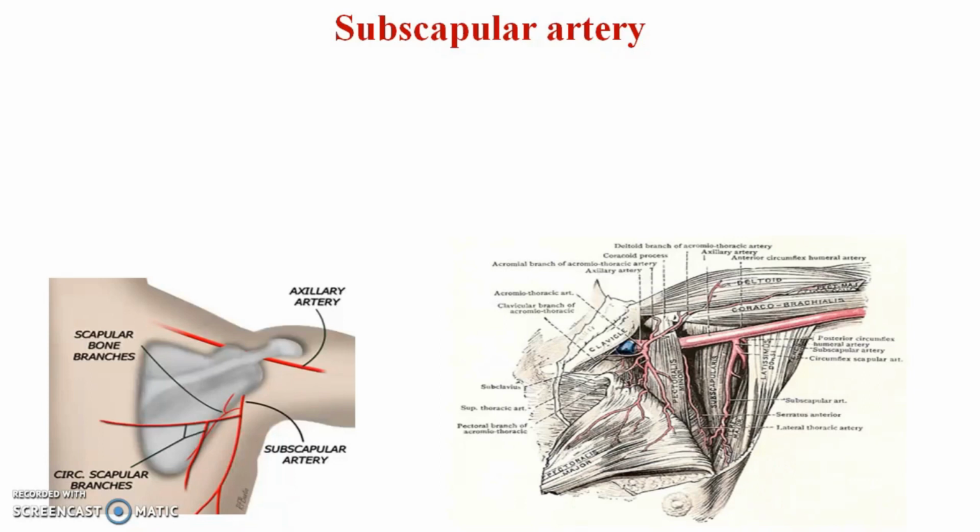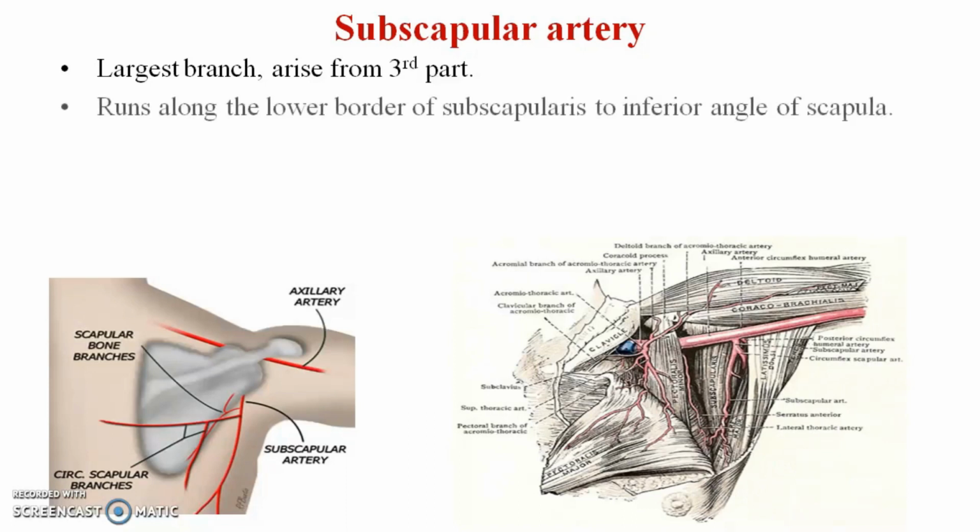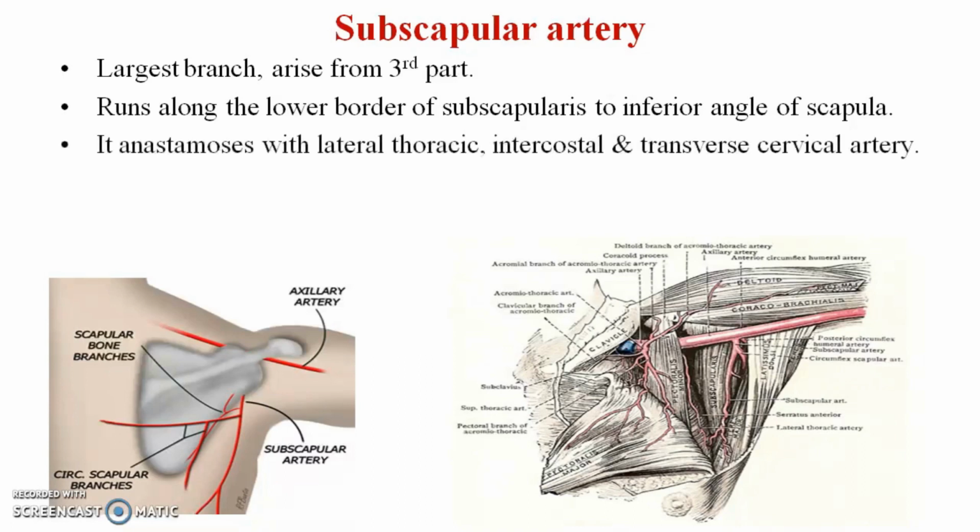Now we can move on to subscapular artery, an artery arising from the third part of axillary artery. And this subscapular artery is the largest branch which is arising from third part. The course of the subscapular artery is it is going to run along the lower border of subscapularis muscle, and then it is going to reach the inferior angle of scapula. After reaching the inferior angle of scapula, it is going to anastomose with three arteries such as lateral thoracic, intercostal, and transverse cervical artery.